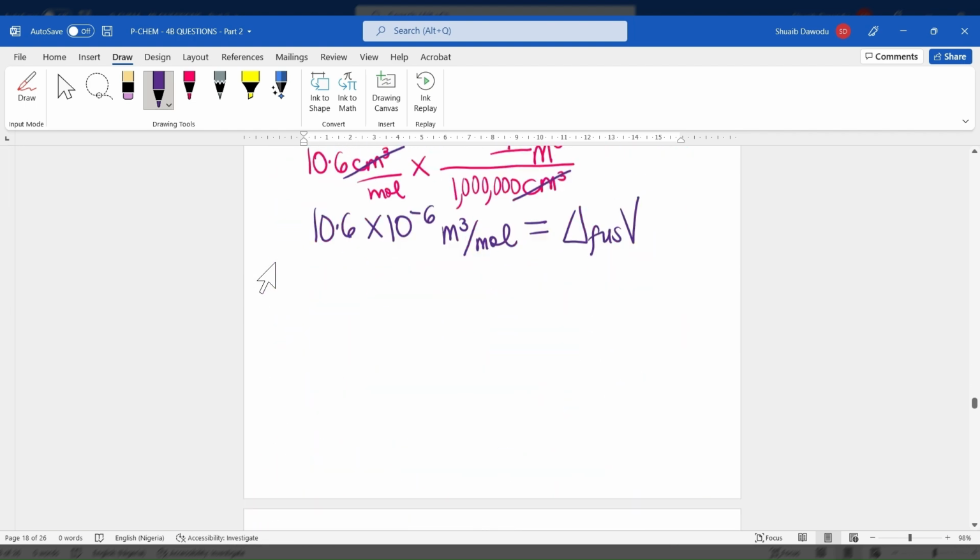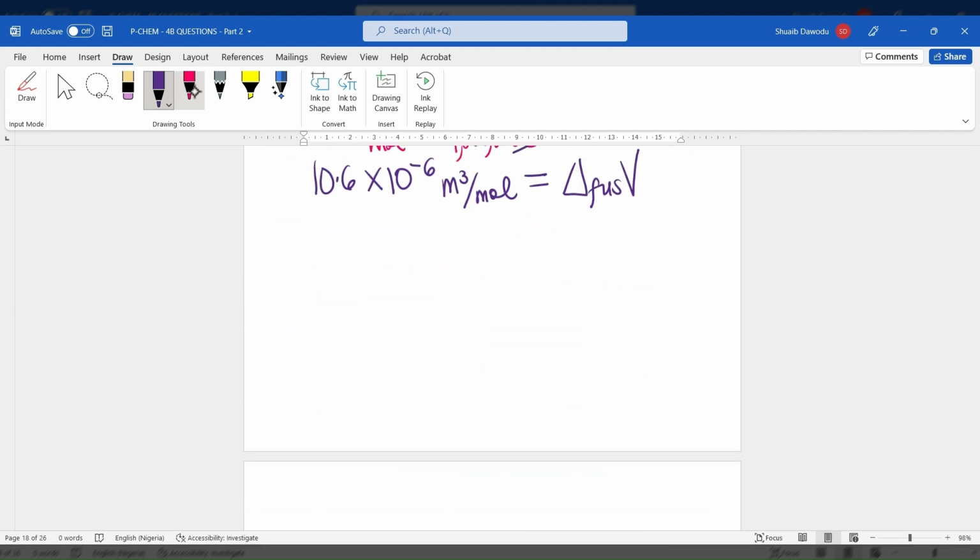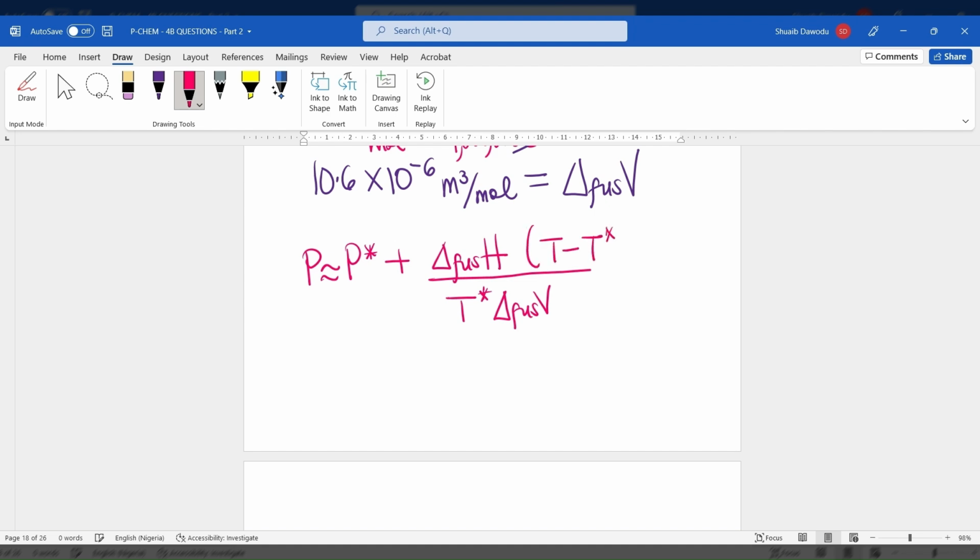So let's rewrite the formula before we continue with the next part of the calculation. We have P equal to P star plus change in enthalpy of fusion divided by T star, change in molar volume of fusion, multiplied by T minus T star. Remember, what we're actually looking for here is the change in enthalpy of fusion.